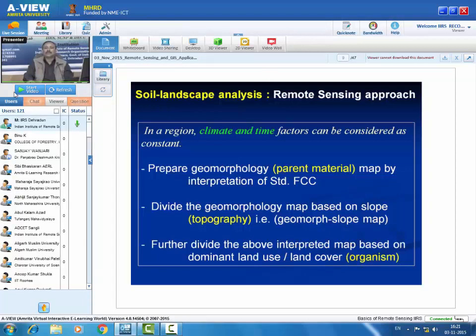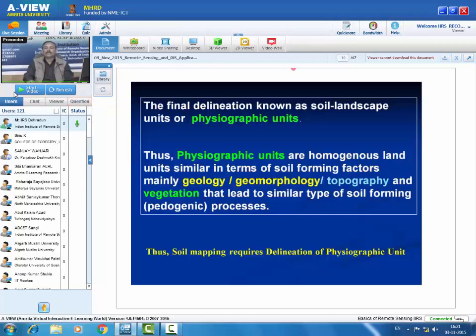Then you will get one unit or land polygon, which we call a physiographic unit, or you can call it a landscape. I told you earlier that landscape division is what we require to prepare a soil map. So first we have to identify the landscape. How can you identify the landscape?